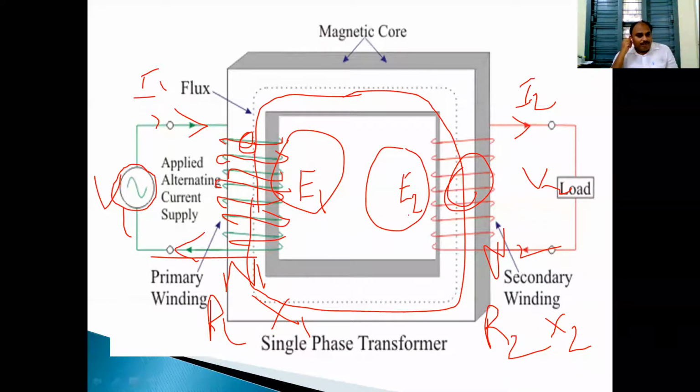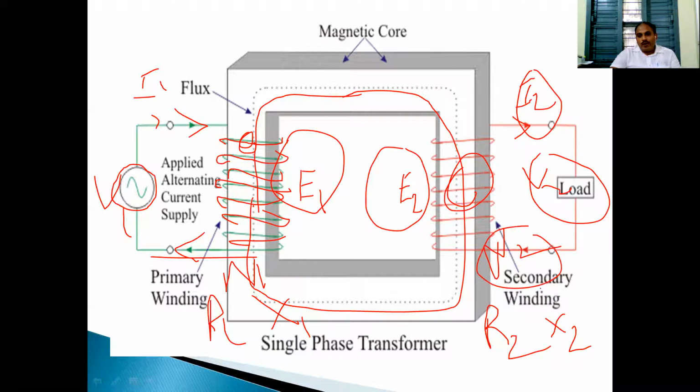Primary voltage V1, primary current I1, primary induced EMF E1, secondary induced EMF E2, secondary current I2, terminal voltage of the load V2, and N2, R2, X2. All are V1, I1, E1, R1, X1, N1, E2, V2, I2, N2, R2, X2. Primary parameters are represented with ones, secondary parameters are represented with twos.